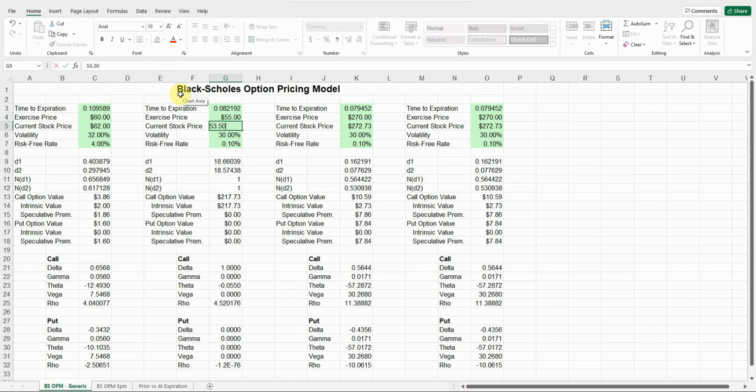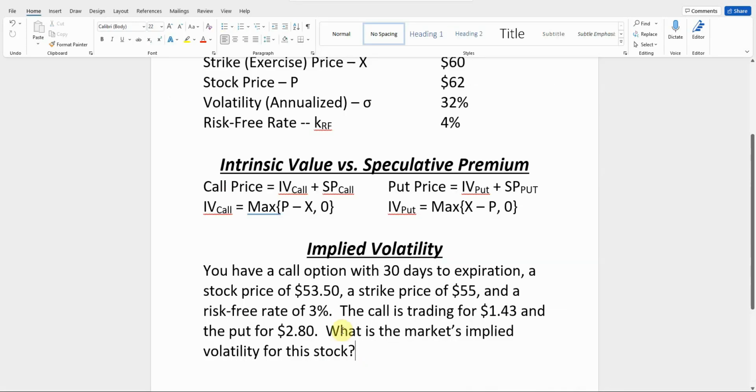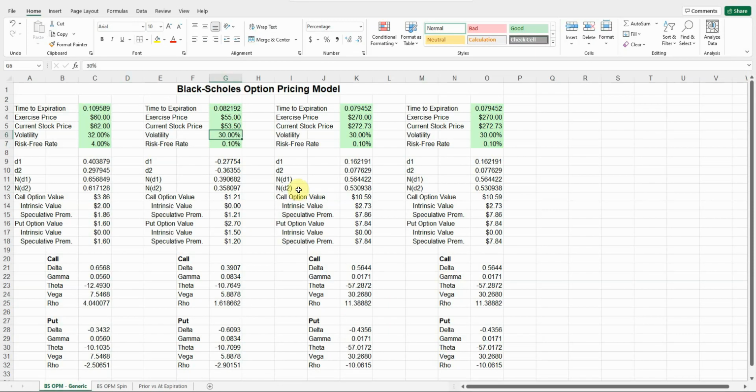Stock price, $53.50. The risk-free rate is 3%. I don't know what the volatility is. Now, when I set up this spreadsheet, it just had some value in there that was 30%.